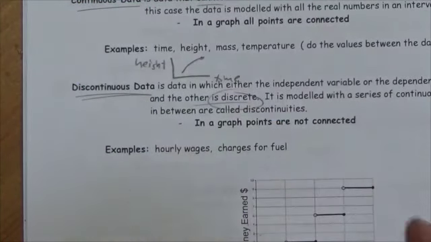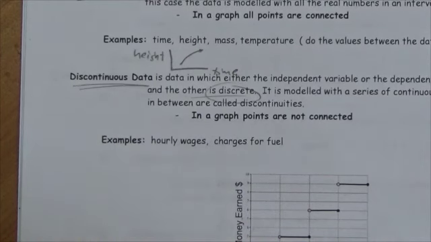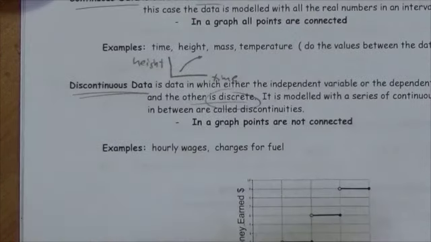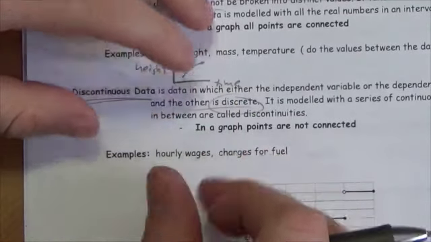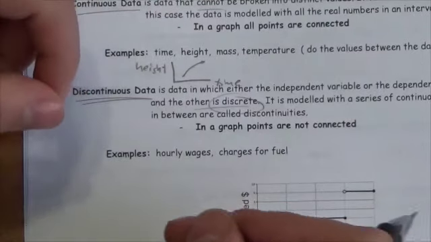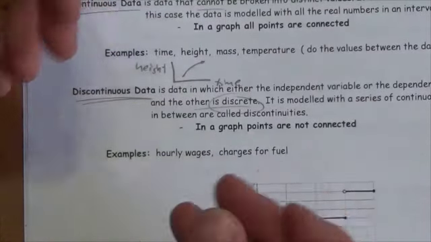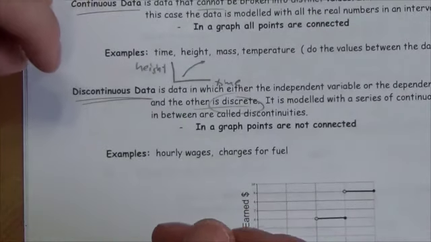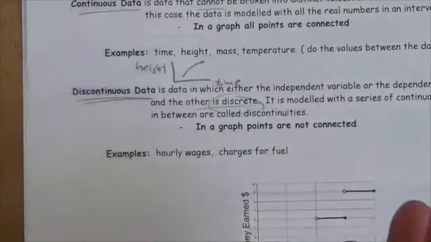Now, oftentimes you'll hear people say that discrete means whole number values. Well, that's often the case, because usually you talk about discrete data in terms of, let's say, the number of people in a classroom, the number of animals, maybe the number of tickets you've got for some concert or whatever. You can't rip those things up, because when you've got a fraction of a ticket, you don't have a ticket, okay? So a lot of times, yeah, we're talking whole numbers, but it doesn't have to be whole numbers.